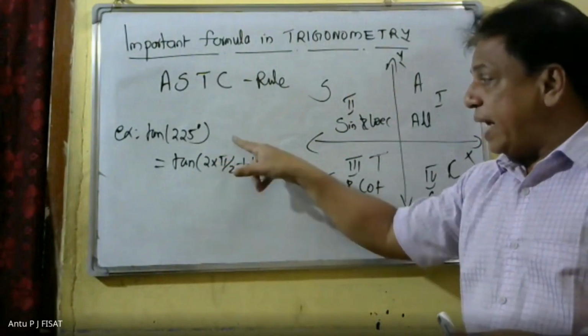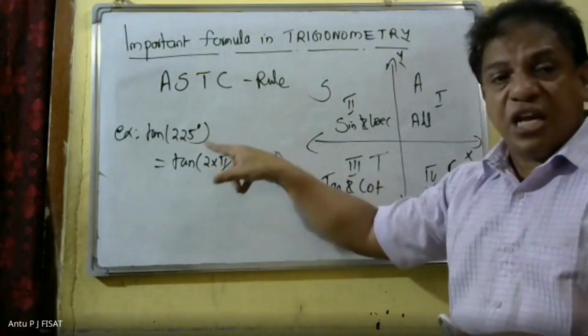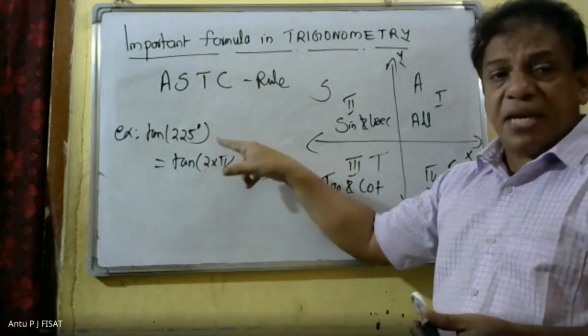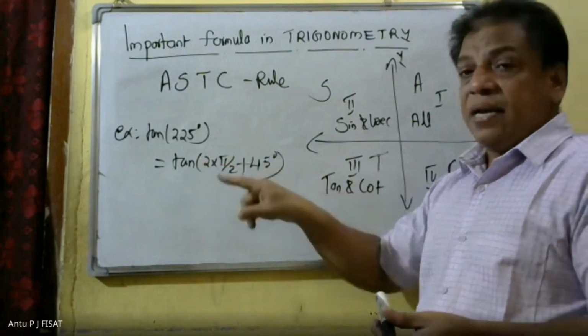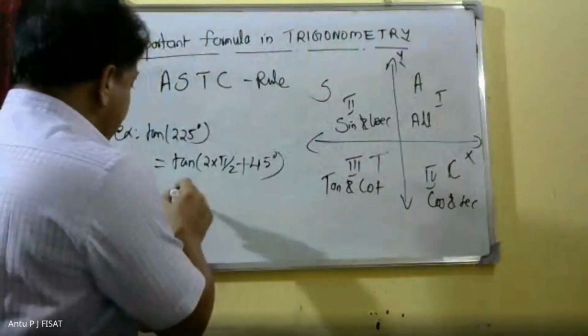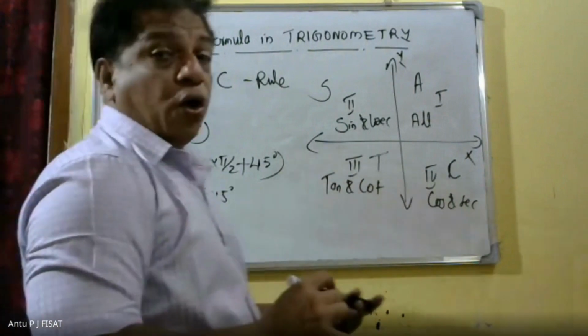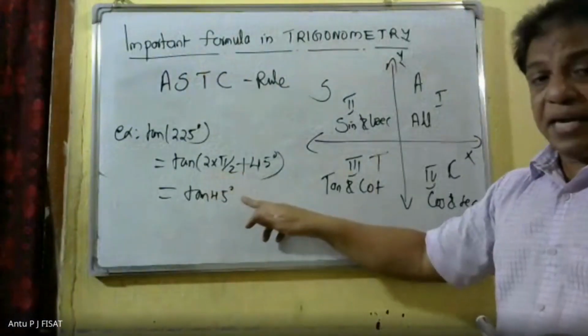Here, pi by 2, 90 degrees, is multiplied by an even number. Since pi by 2 is multiplied by an even number, tan will not change. The answer will be tan 45. Tan will be tan itself.